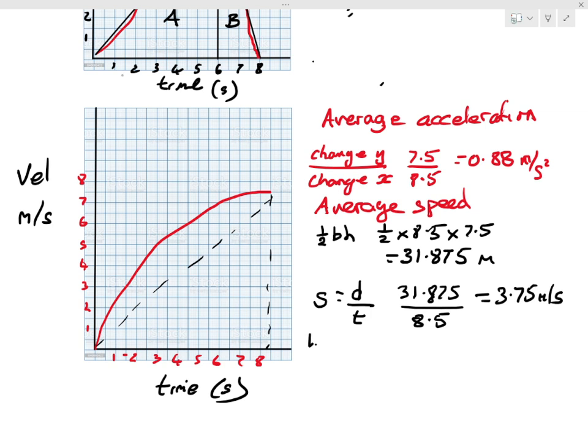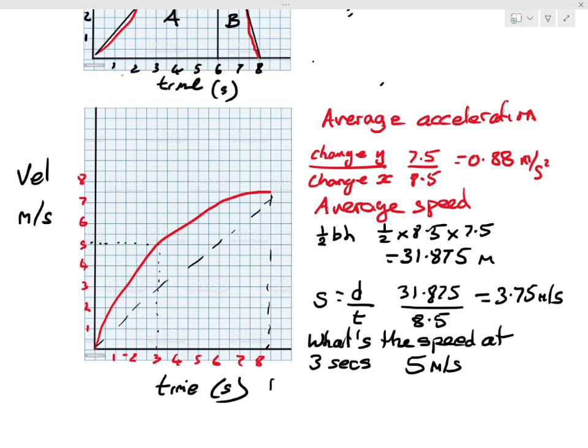Right, so now the only other thing that they can ask you on this is they will say, what is the speed at, we'll say, 3 seconds? Yeah. So you can go up to the 3 seconds and then go across there, and you can say the answer is 5 meters per second.